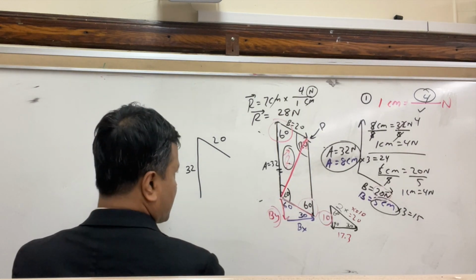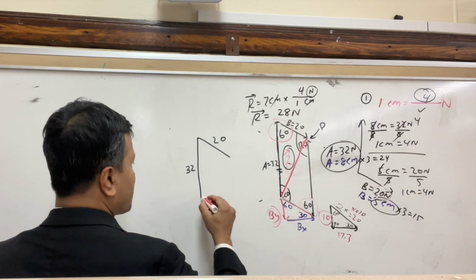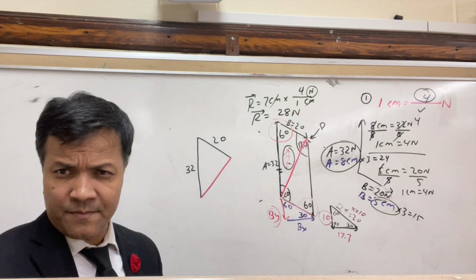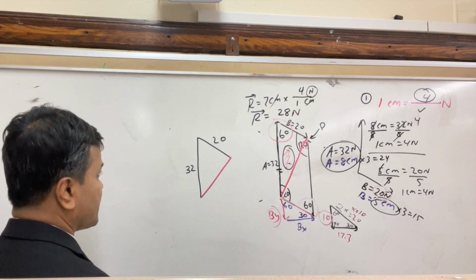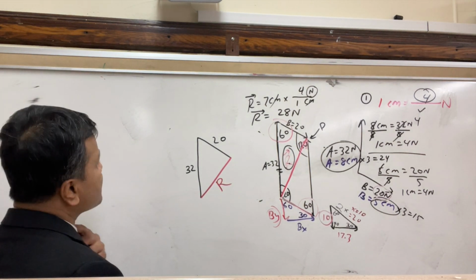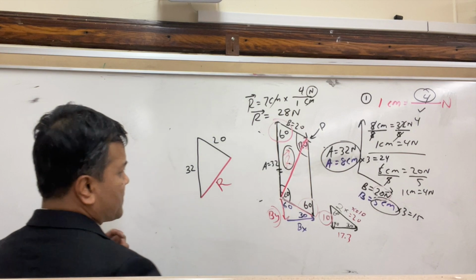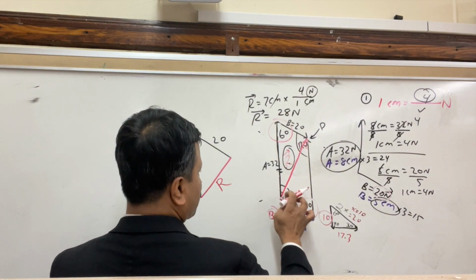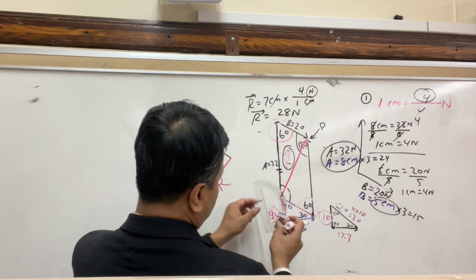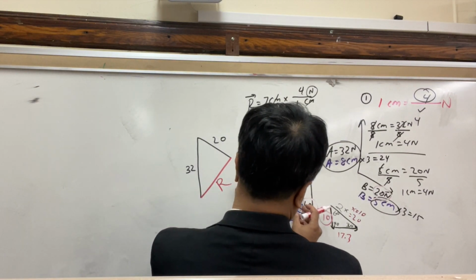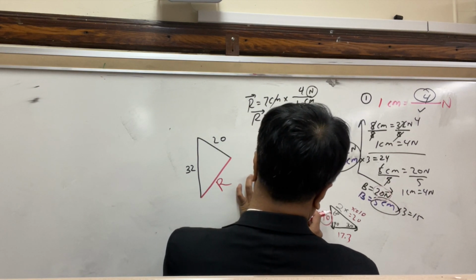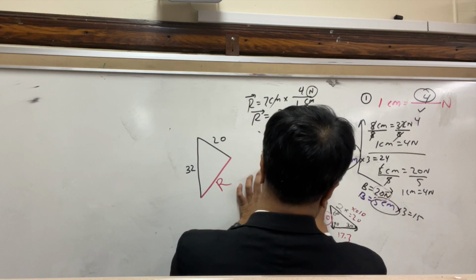Draw this red vector. We don't know how much it is because we are using law of sine. We're going to find it, so we're just going to call it R. This is our resultant. What else do we know? We know this angle if you use the protractor. I'm going to place it like this, and it's going to tell us this is 40.